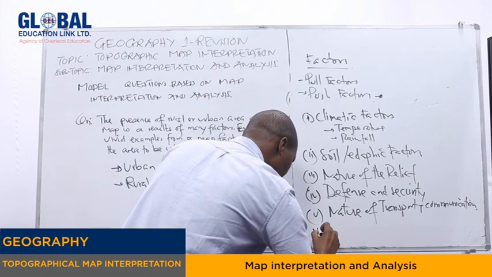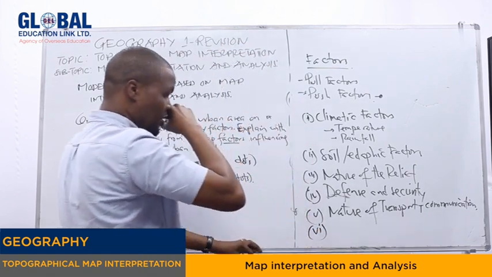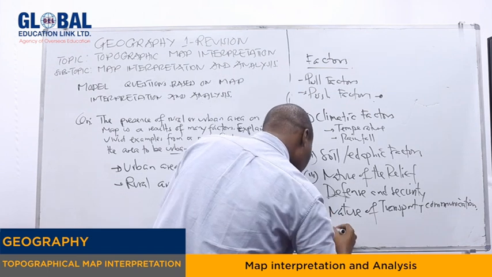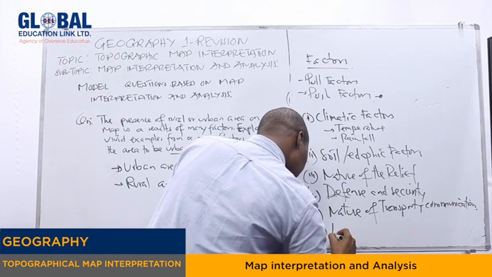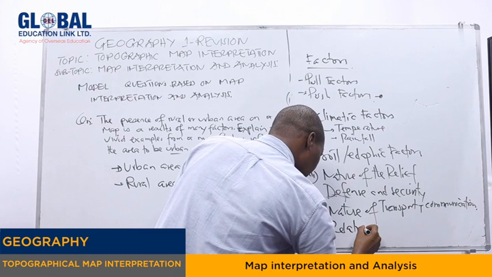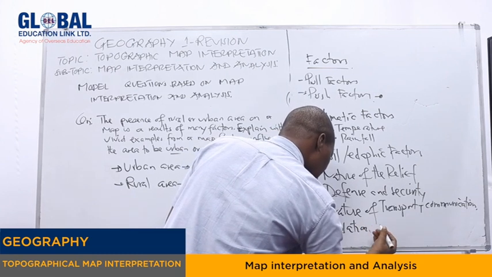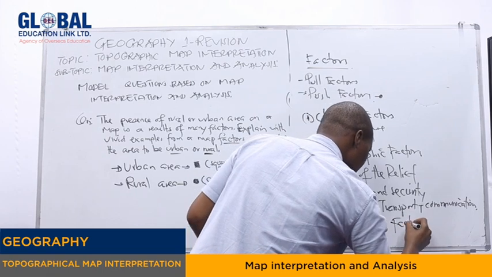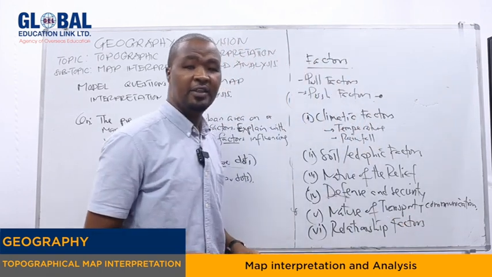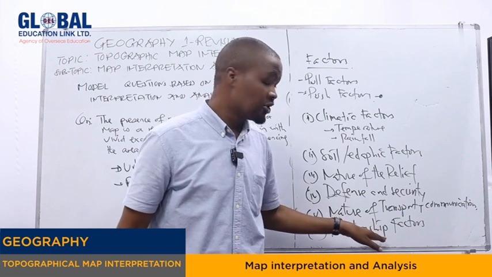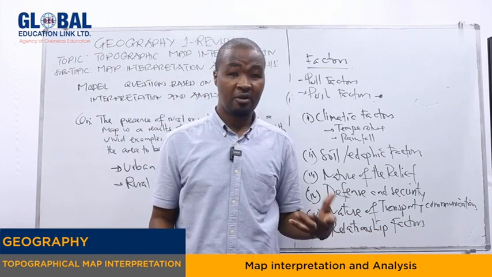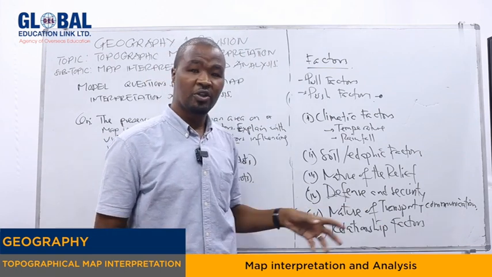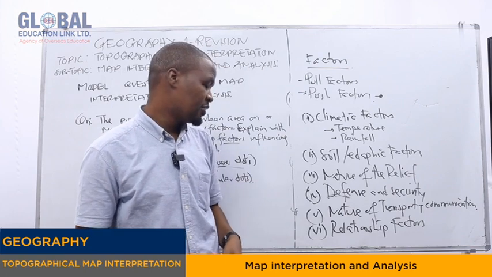Then from there, we have what we call relationship factors. Some people may move to a different area depending on a particular issue that they may face, for instance, marriage, education, etc.